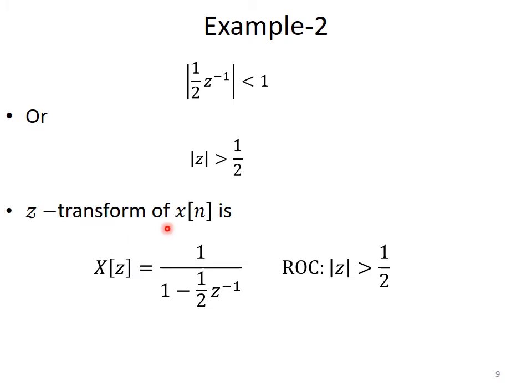So the Z transform of x of n can now be written as X of z equal to 1 upon 1 minus 1 upon 2 into z power minus 1, where the region of convergence is magnitude of z greater than 1 upon 2.